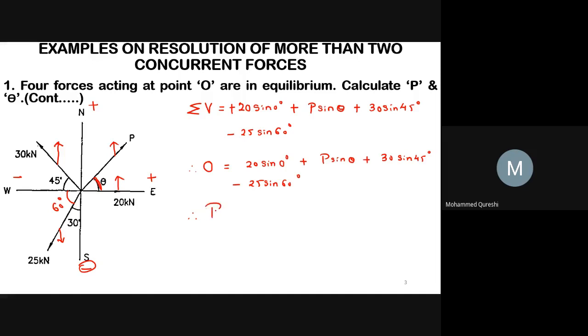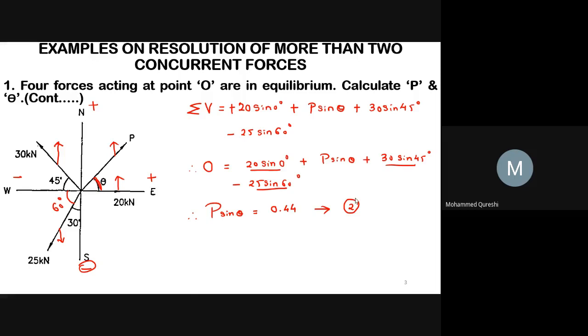Now in terms of P sine theta, you have to resolve all these three values, so you will get P sine theta equals 0.44. Give it as equation number 2.